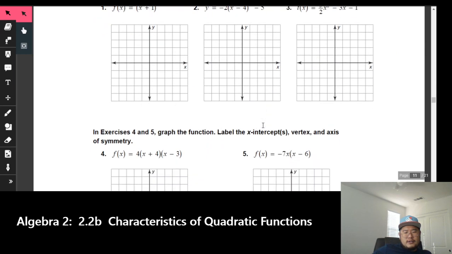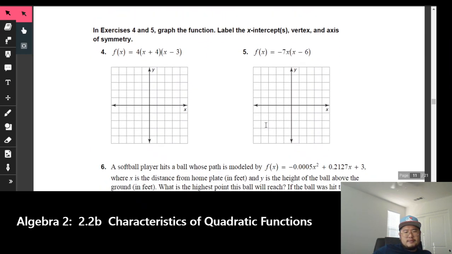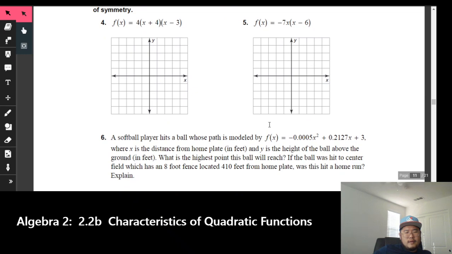So let's go ahead and try a few more of these problems. Taking a look at number 4. So graph the function, label the x-intercepts and vertex and axis of symmetry. When it's in this type of form, you only need 3 points, the 2 intercepts and the vertex. So let's go ahead right here.